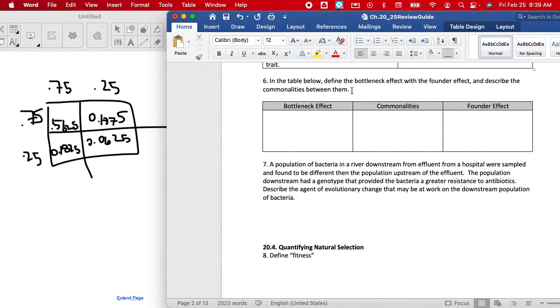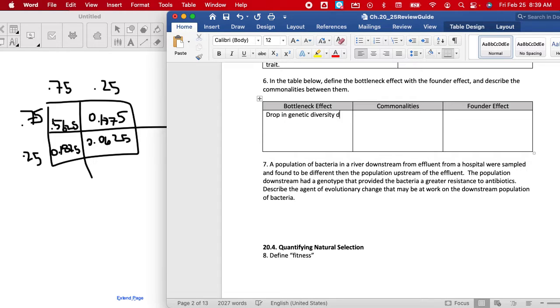In the table below, define the bottleneck effect and the founder effect, and describe the commonalities. So what's the bottleneck effect? The first population barely stays, it chokes off barely any diversity. So we have a drop in genetic diversity, and what causes that drop?